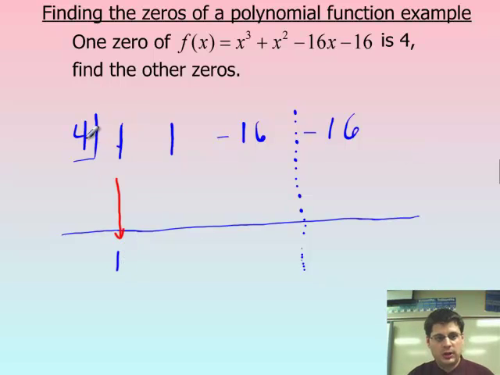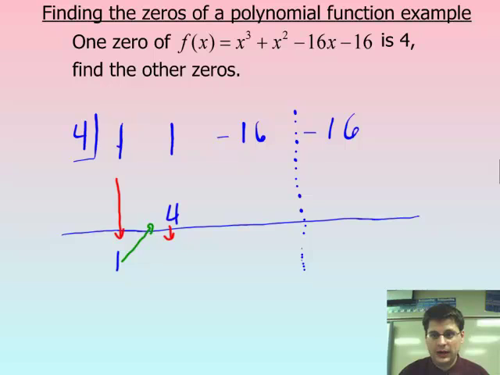Then I'm going to multiply 4 with 1 and put that product there. So that's going to give me 4. Now, instead of subtracting with synthetic division, I'm going to add these together. So when I add these together, it's going to give me 5.